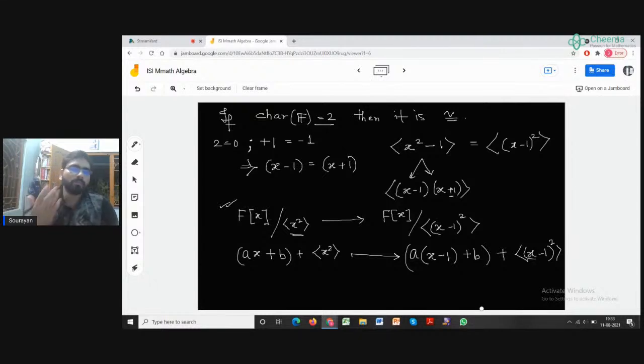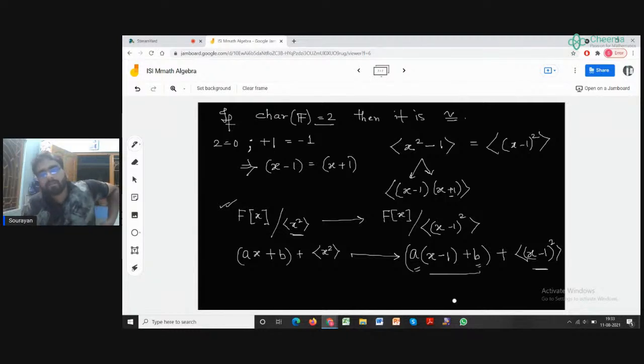If you want, you can actually try to prove that it is injective and surjective as well. It's pretty easy to prove that it is injective, because as you can see, if this belongs to (x minus 1) whole square, then a and b have to be 0, right?